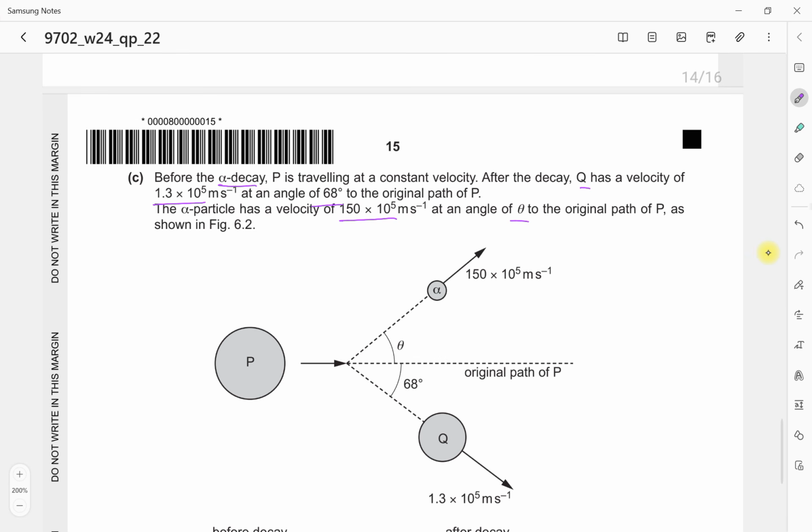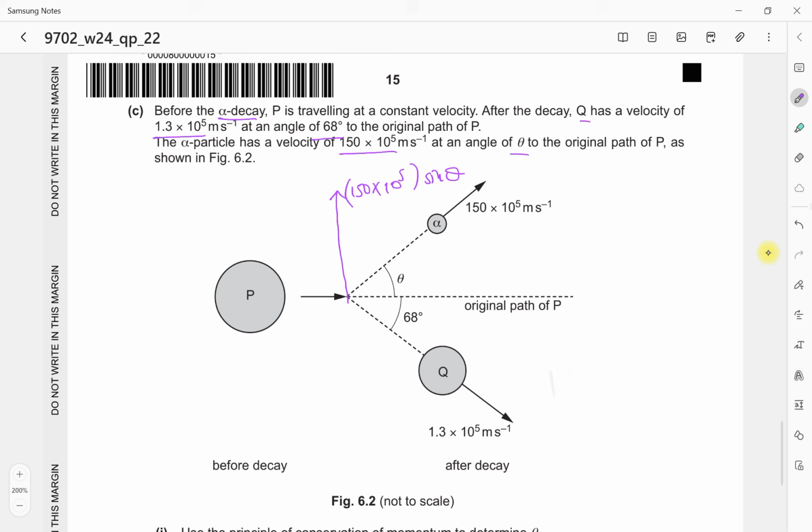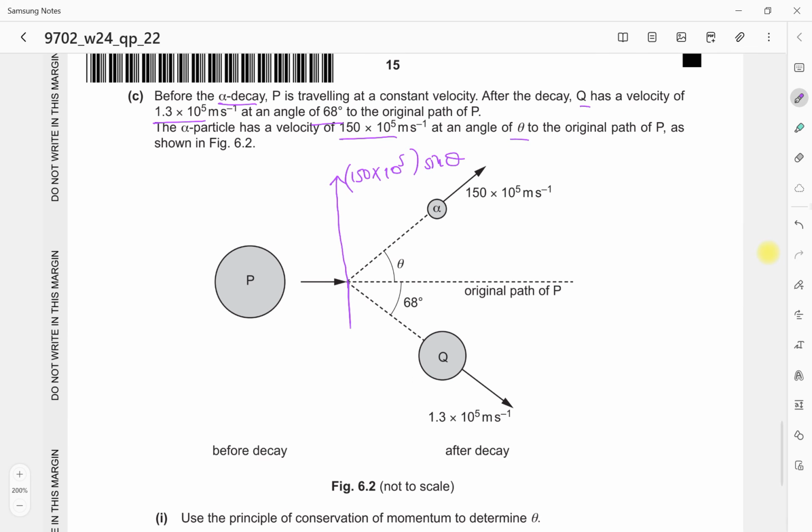So first of all, I will resolve this in the vertical. Here this will be 150 times 10 to the power of 5 sine theta upwards. Then I resolve for Q downwards, and this will be 1.3 times 10 to the power of 5 sine of 68.